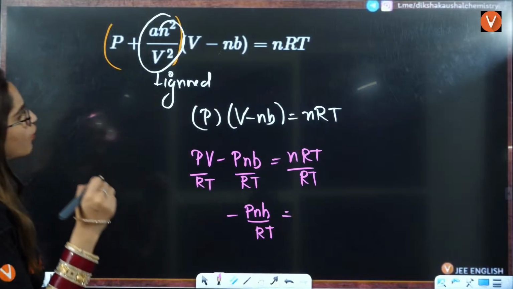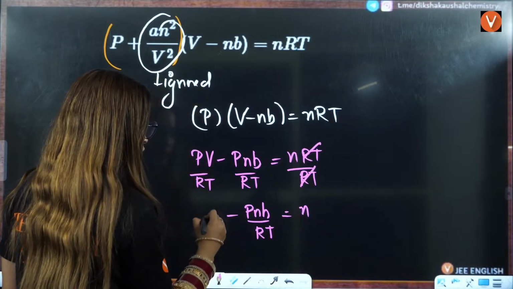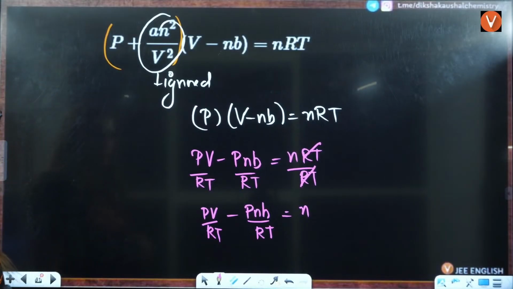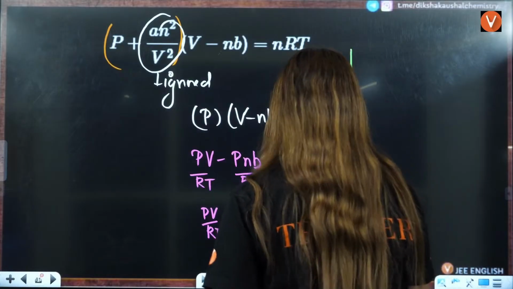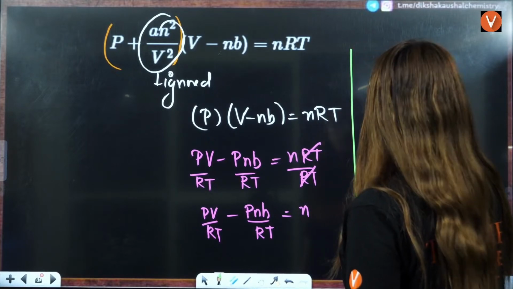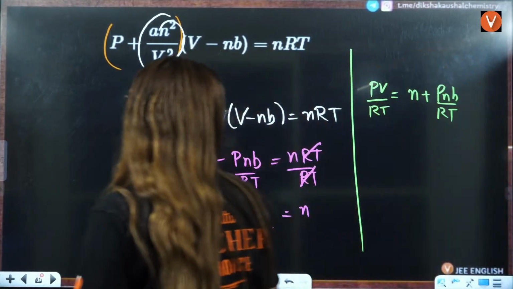This is going to be n here, and this is going to be PV by RT. So PV by RT equals n plus Pnb by RT.